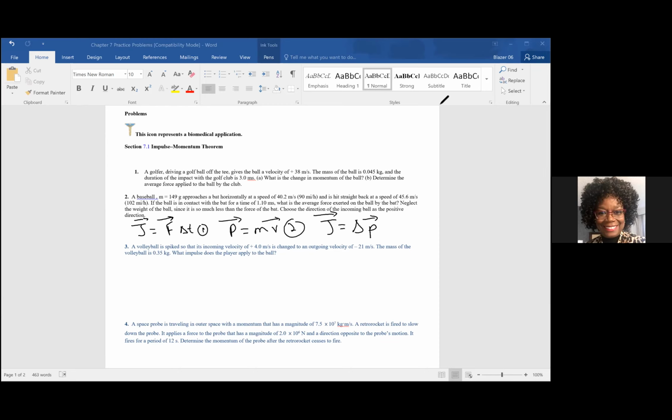I have something to point out with number 3. That's why I want you to do it and put your answer in, so I can show you something and bring it to your attention. Number 3, please. It's a very simple problem. Are you having difficulty doing number 3?